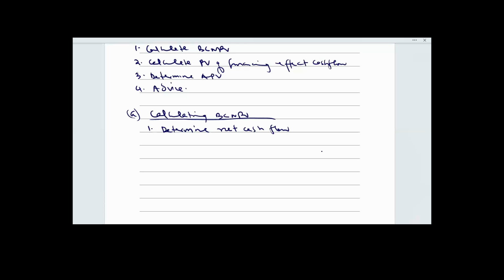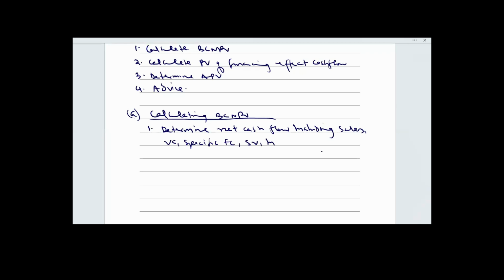For example, you are going to consider anything if in the question you have sales value, you have variable cost, you have attributable or specific fixed cost. Okay, so you have scrap value.